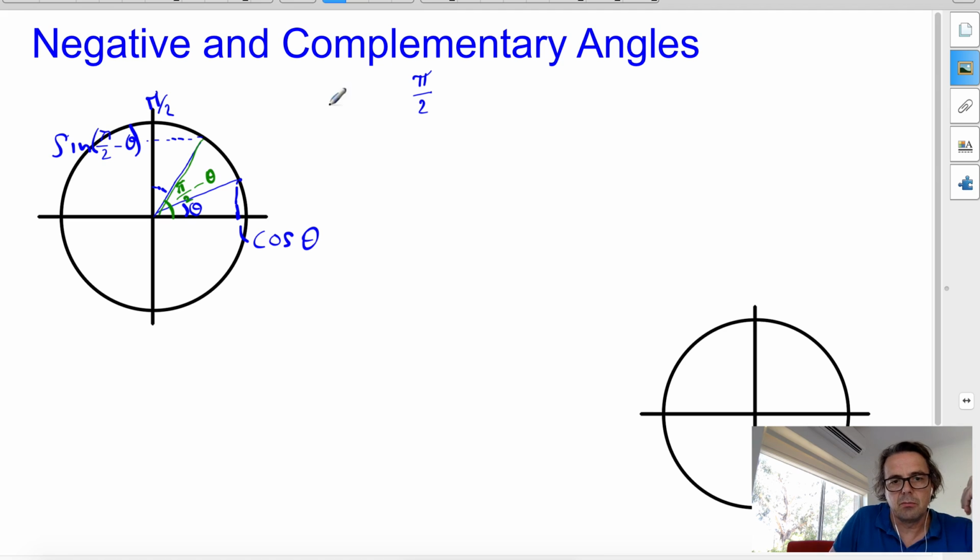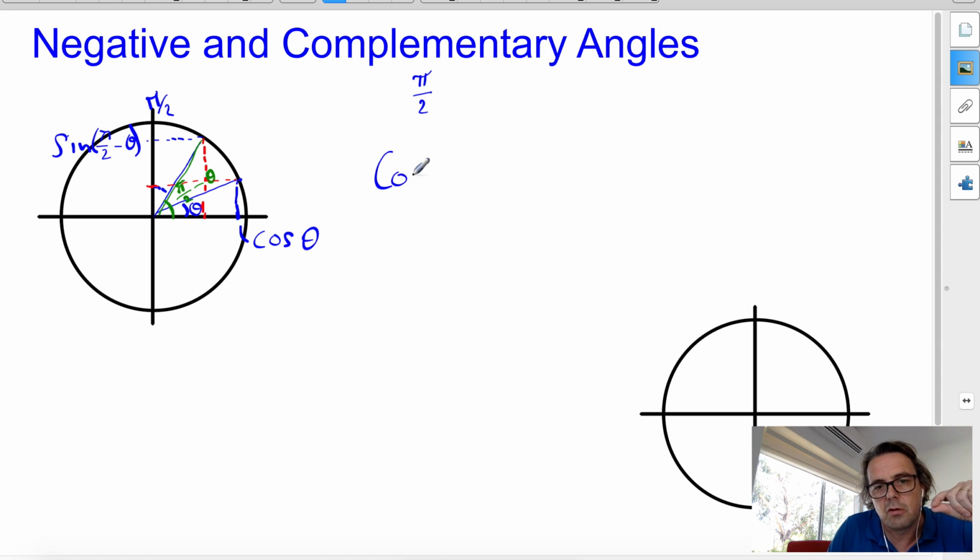And vice versa, the vertical displacement there, so the sine of theta, turns out to be the same as the cosine of pi over 2 take theta. Now this is not a proof, it's just me showing it, and as you can see it's a bit of a mess there, but let's just write it up.